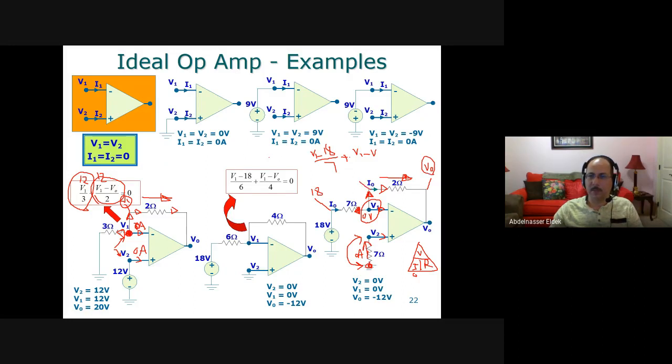So V1 minus VO over the resistance, which is 2 ohm, equals 0, because you know the third current is 0. That's it. You know that V1 is 0, then you have only one unknown, which is VO.